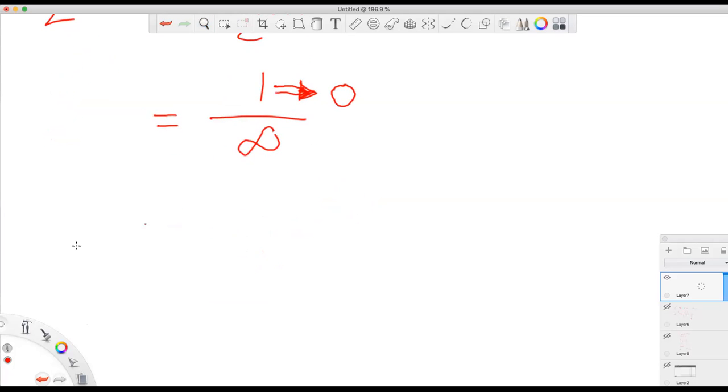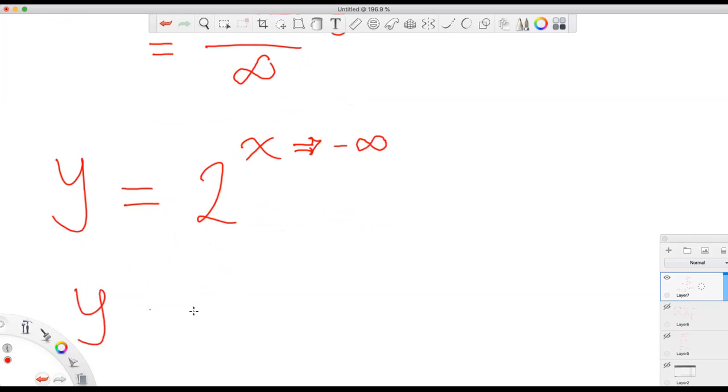Yes. Now, going back to our original exponential function, y is equal to 2 raised to x. When we evaluate this function by substituting x approaching negative infinity, the smallest number that we could have, the y will go to 0, will approach 0, right?